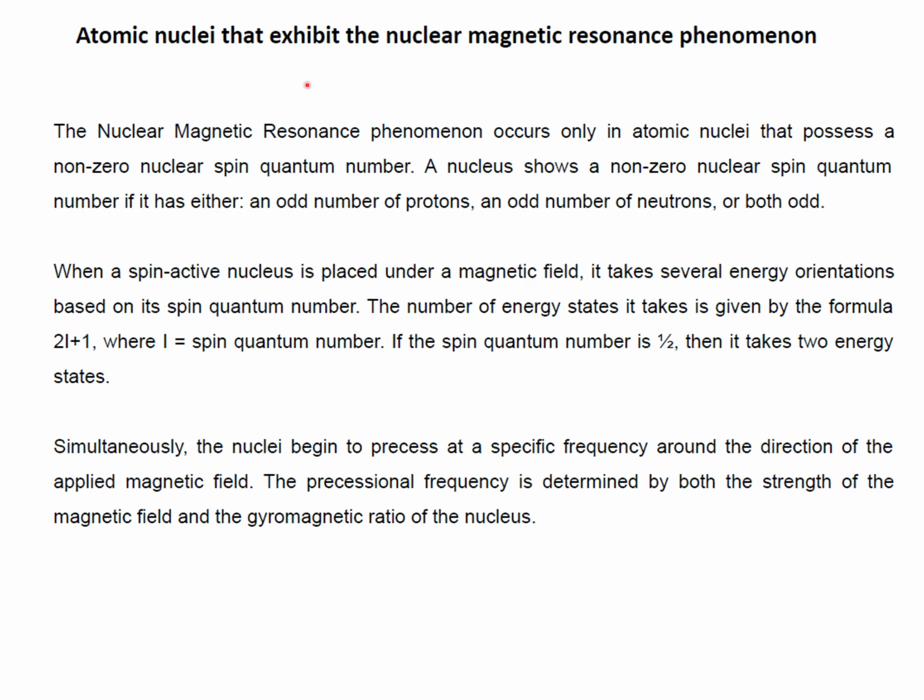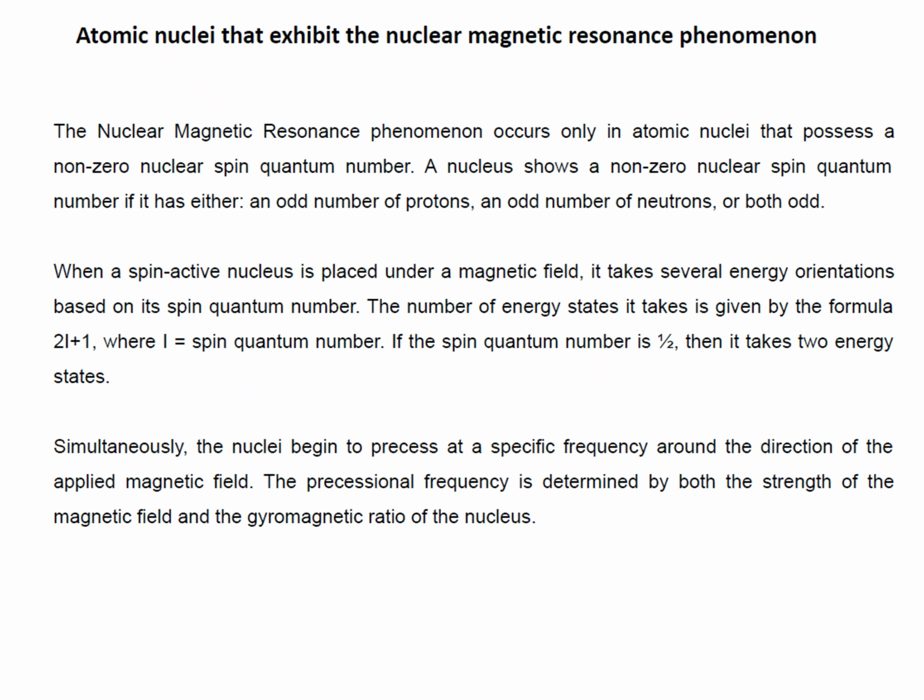So, atomic nuclei that exhibit nuclear magnetic resonance: NMR occurs only in atomic nuclei that possess a non-zero nuclear spin quantum number. A nucleus shows a non-zero nuclear spin quantum number if it has either an odd number of protons or an odd number of neutrons, or both odd. When a spin-active nucleus is placed in a magnetic field, it takes several energy orientations based on its spin number, given by 2I plus 1, where I is the spin number.